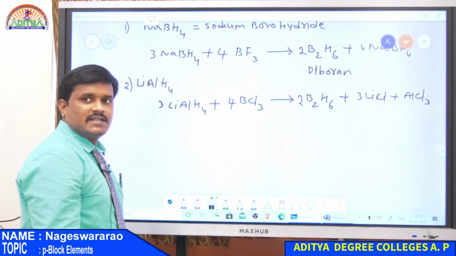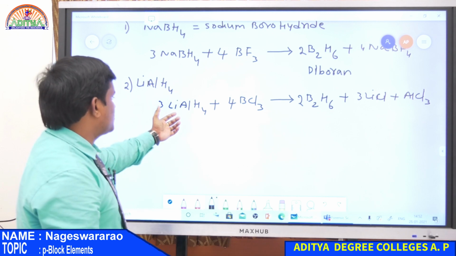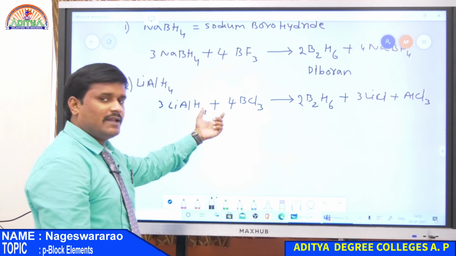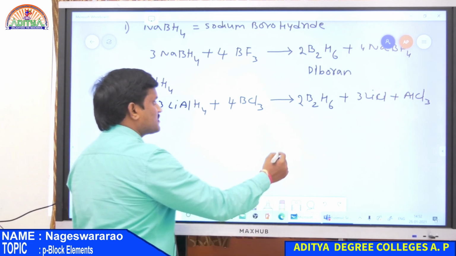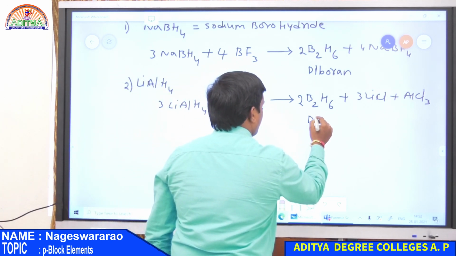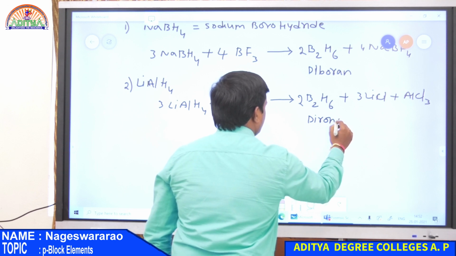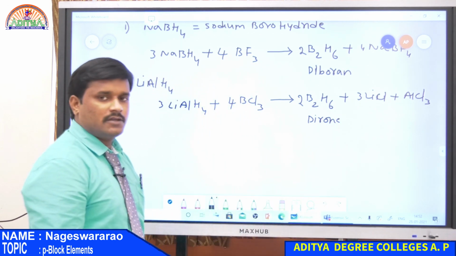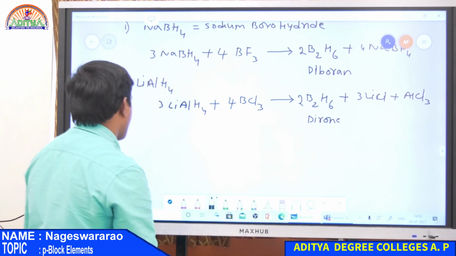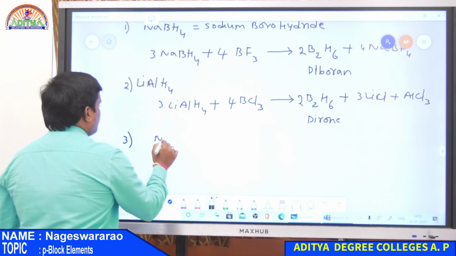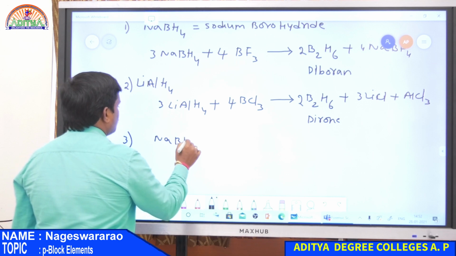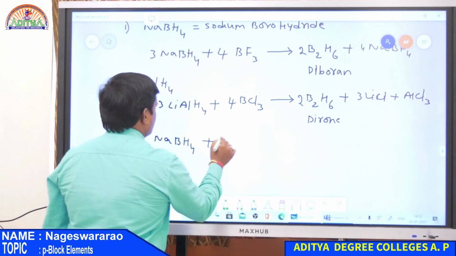So this is the second preparation method in which LiAlH4 reacted with BCl3 gives diborane. And third preparation method is reaction of NaBH4 with H2SO4.